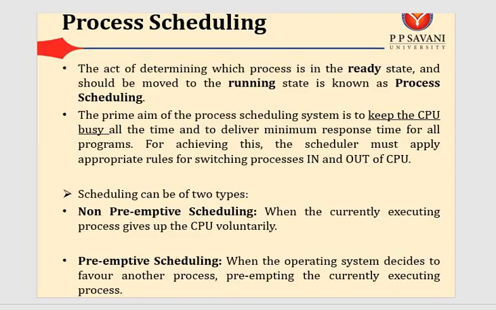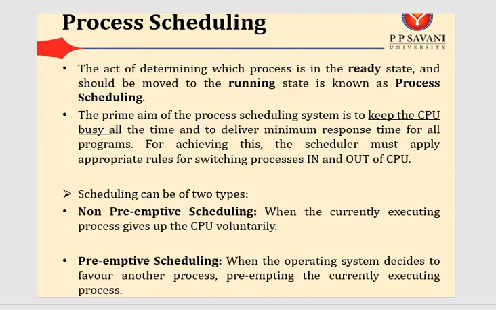The criterion for which process to select among multiple processes is known as scheduling. So the act of determining which process in the ready state should be moved to the running state is known as process scheduling.